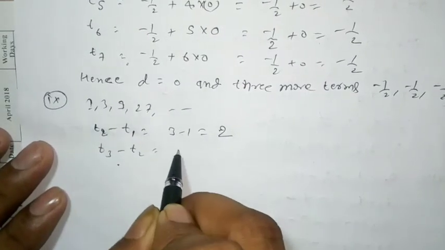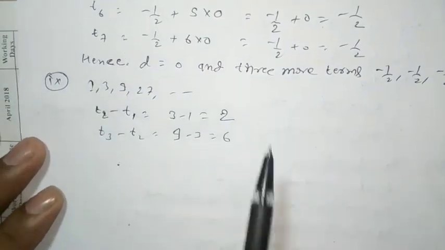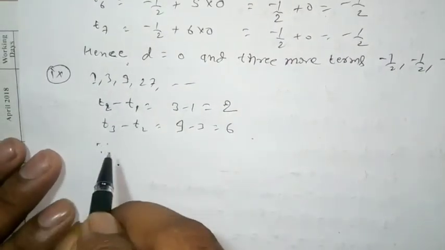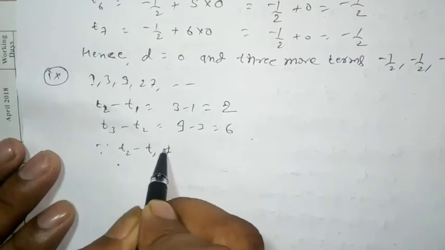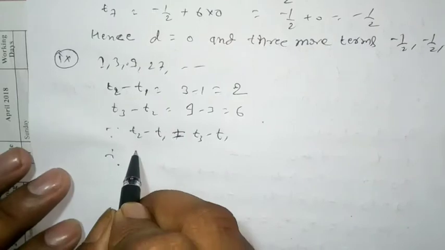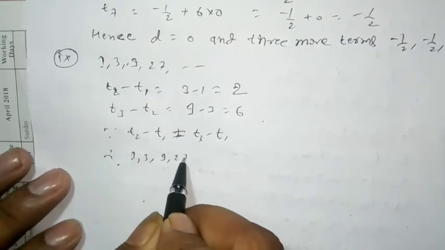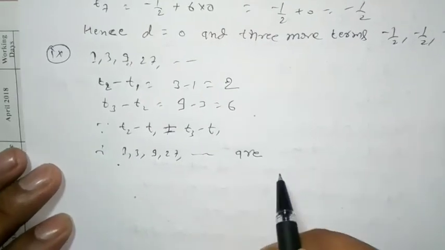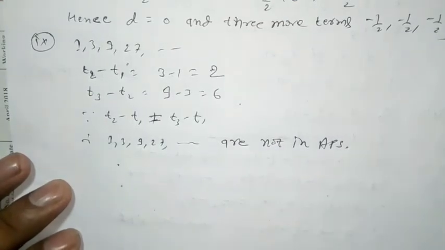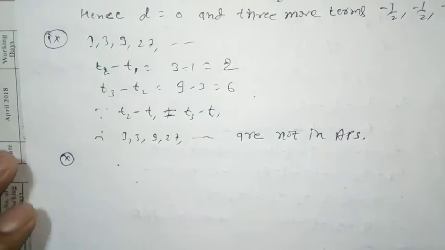T3 minus T2 is equal to 9 minus 3, is equal to 6. Here T2 minus T1 does not equal T3 minus T2. Therefore 1, 3, 9, 27 are not in AP. Next question, question number 10.